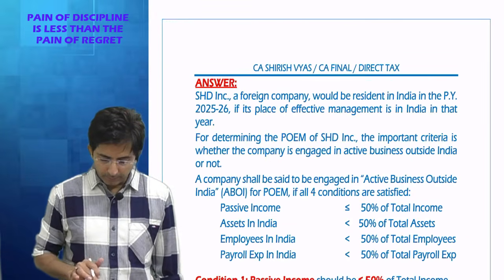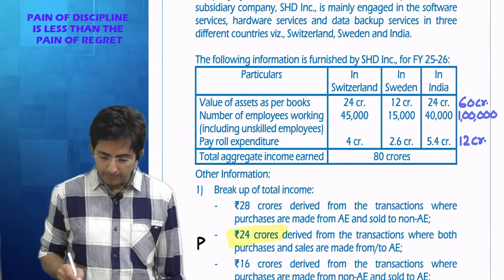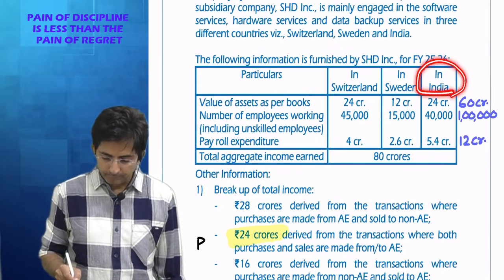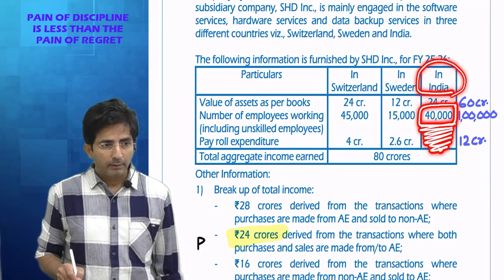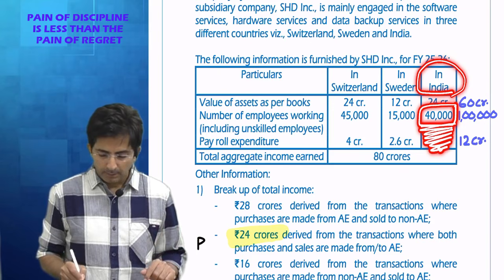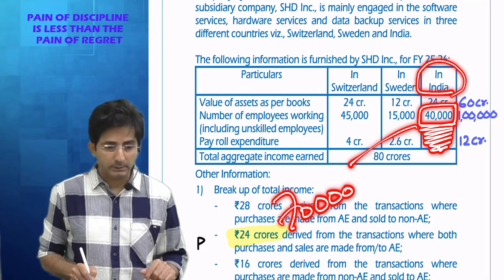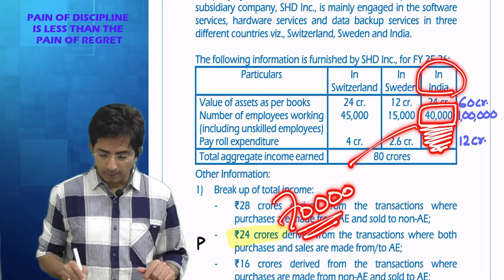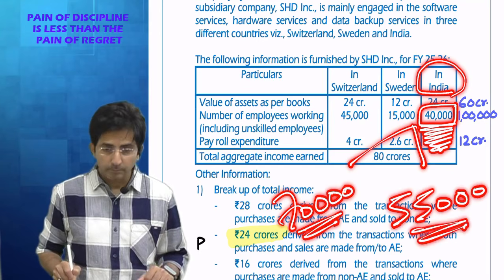So tell me, originally, look here, in the original question, how many employees were there in India? Check. In the original question, we already have 40,000 employees in India. So what will be the change now? Under option 1, we will have 70,000 employees. And under option 2, we will have 55,000 employees.